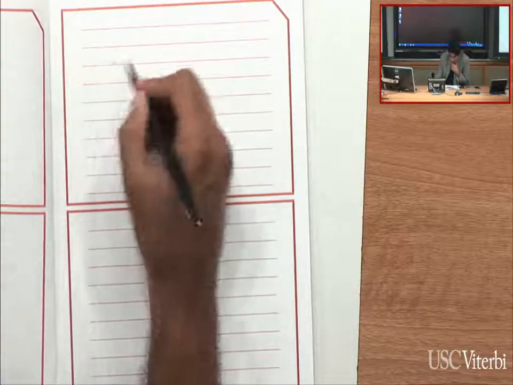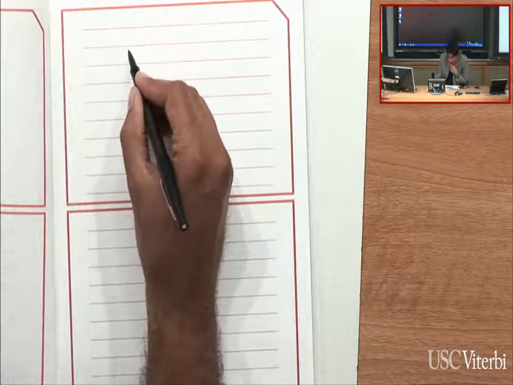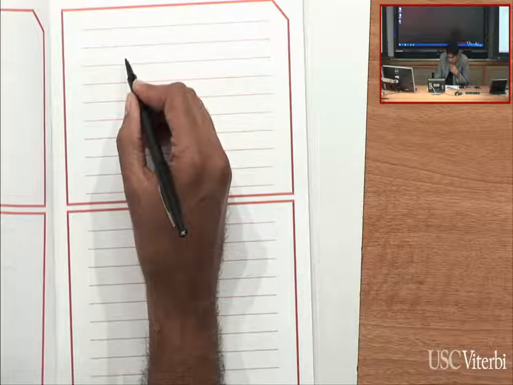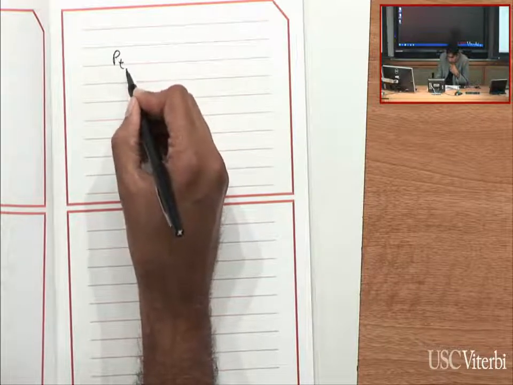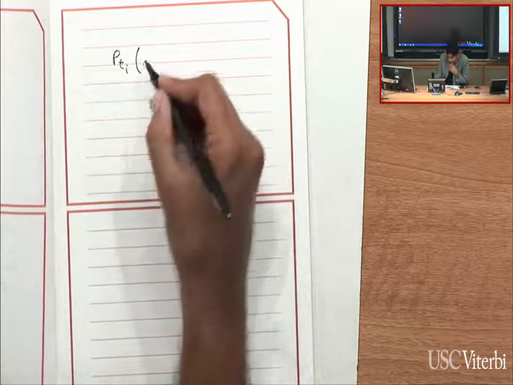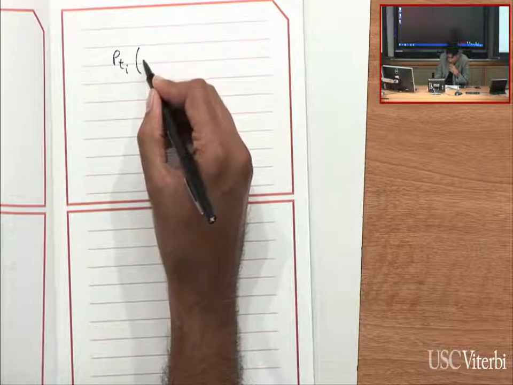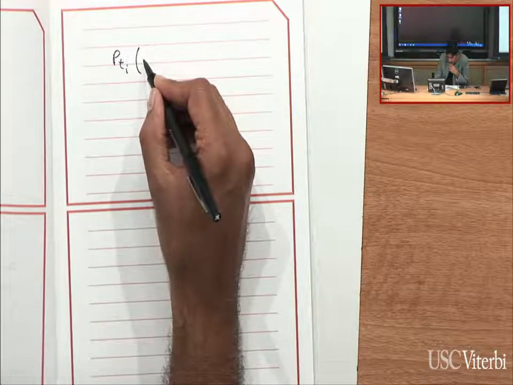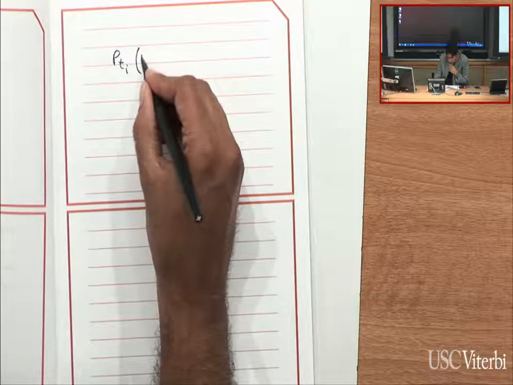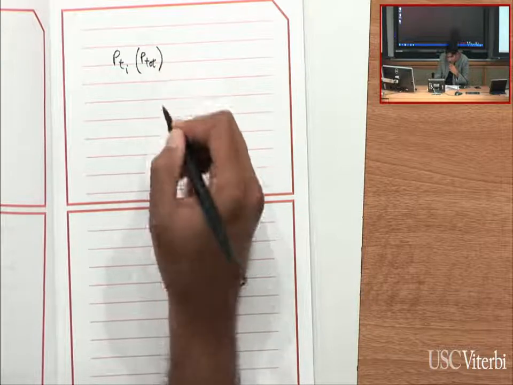So one way to describe mathematically what we're doing is the power that I want to allocate to the ith channel, which itself is a function of the total power, right?